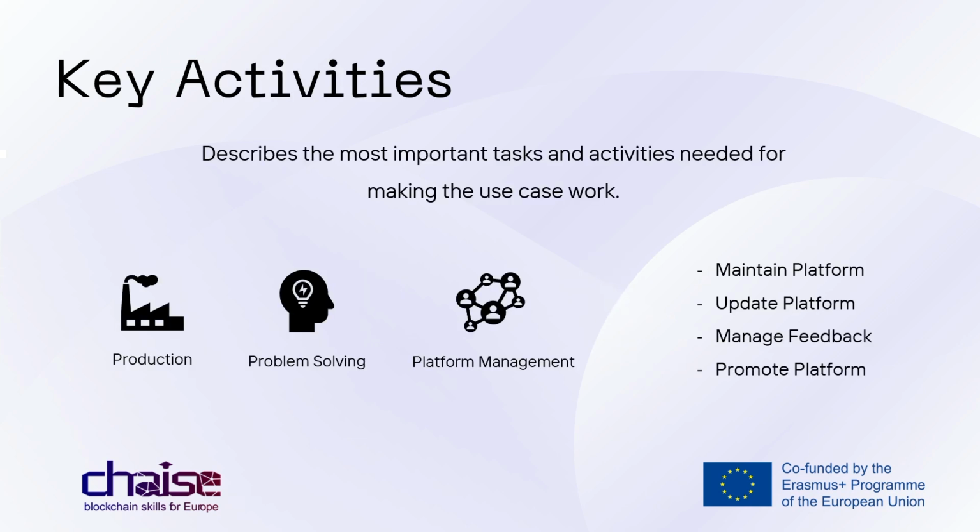Key activities, on the other hand, are the things the company has to focus on doing to make the business model work. Key activities describes the most important tasks and activities that is needed for making the blockchain use case work. Could be production, problem solving, and platform management.